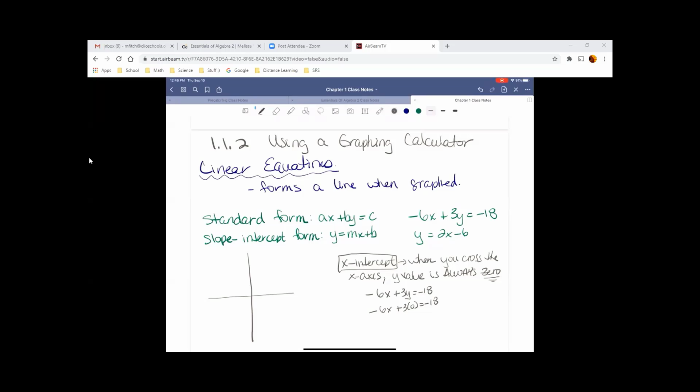And we love doing some algebra, right? So we get negative 6x equals negative 18. What's my x going to equal? 3, right? So where am I going to cross the x-axis? When x equals 3. So there's one point of your graph.